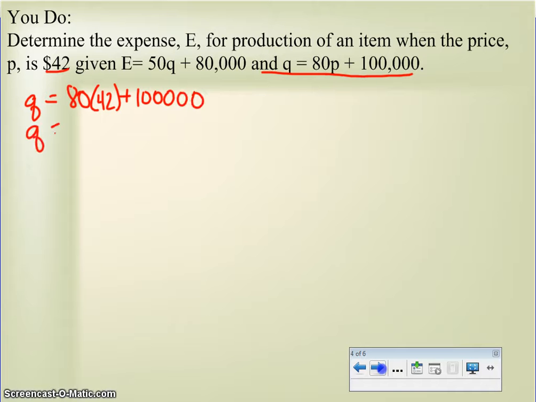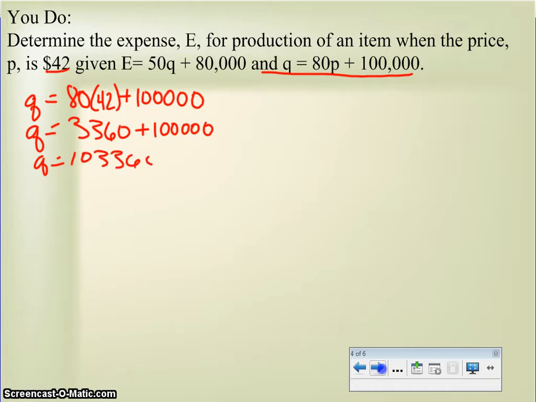Next I've got Q equals 3,360 plus the 100,000, so Q equals 103,360. From there, I'm going to plug into my expense equation 50 times the 103,360 plus the 80,000.